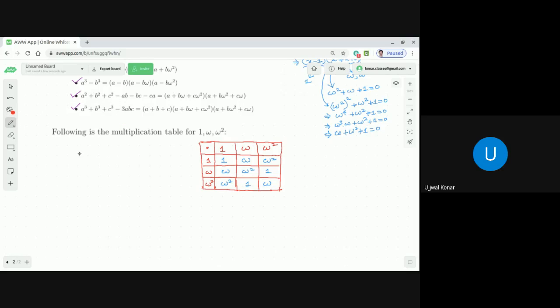If we consider the initial set as 1, omega and omega square, and take any two elements from this set and multiply them, whatever result you get belongs to the same set. And this kind of set has a particular property with respect to this operation called multiplication. That is called the closure property.